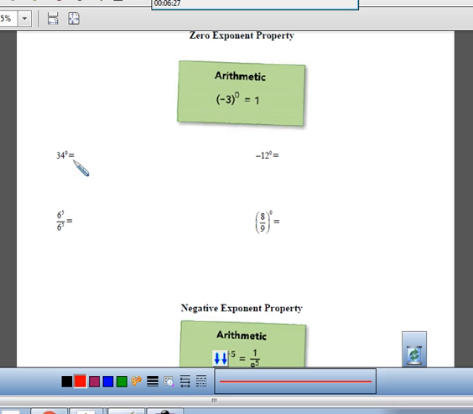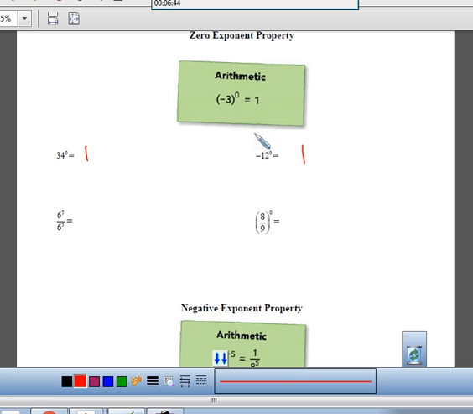So, if I take 34 and raise it to the 0 power, that is going to be 1, not 0. Negative 12 to the 0 power is going to be 1. Now be careful, actually, because this negative is not in parentheses, that might mean that this is negative 1.